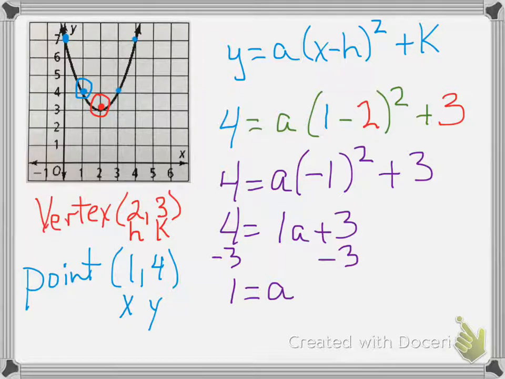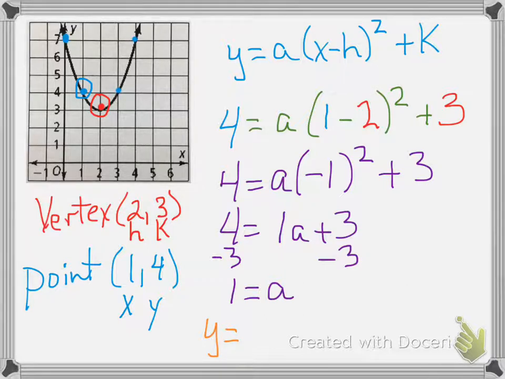All right. Now, final equation here. Y is equal to, a is 1. So 1, when it's in the a position, if it's not a 1, we would put the number. But if it's a 1, then it's just understood to be a 1, so I don't have to write that down.